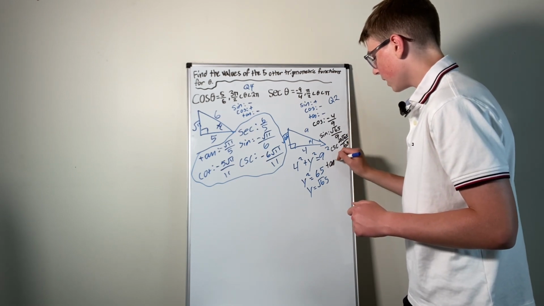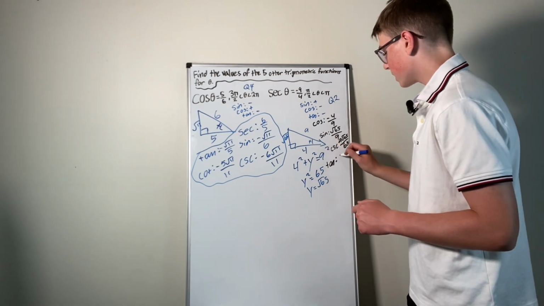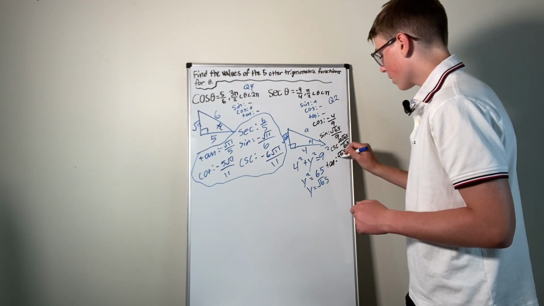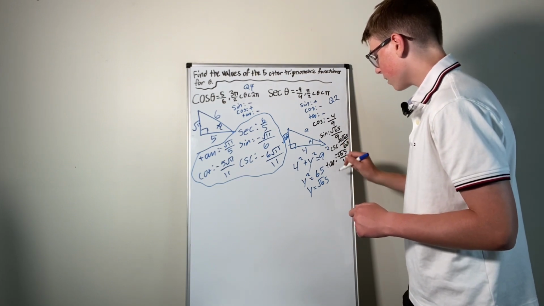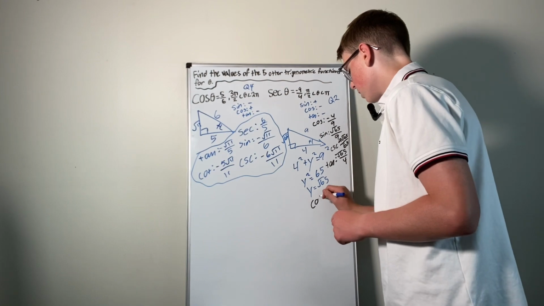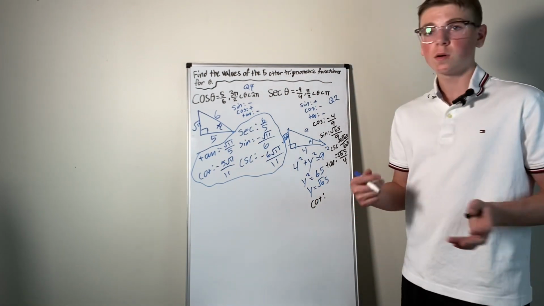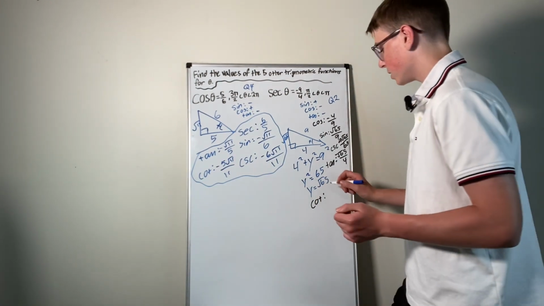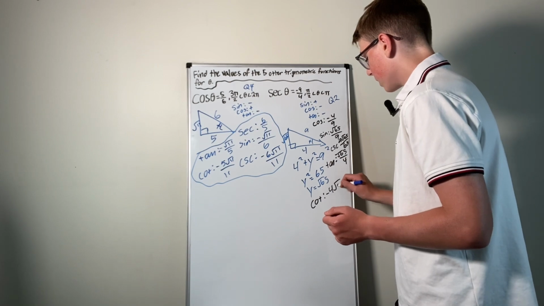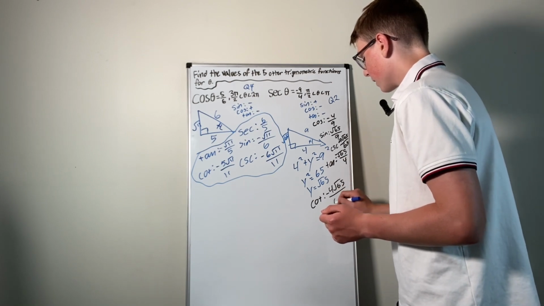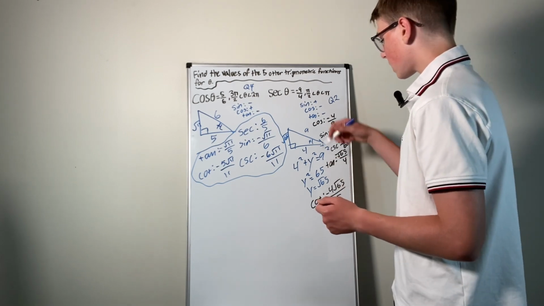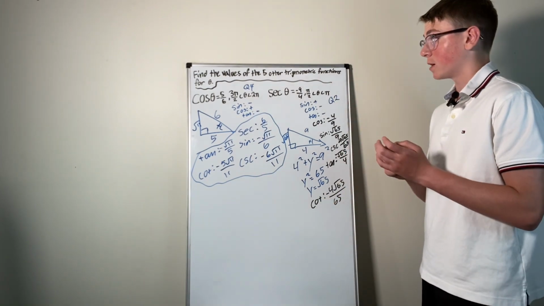And tangent is equal to root 65 over 4, but that is negative. Then cotangent will be 4 over root 65. Rationalize, you'll have negative 4 root 65 over 65. So our answers are just scattered.